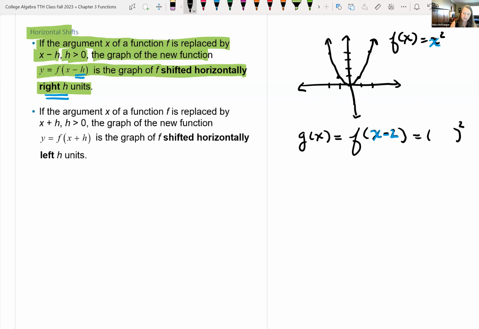So put a parentheses where you see an x. Inside the parentheses, replace it with what the argument is, in this case, x minus 2. So this minus 2 shifts f of x to the right 2 units.